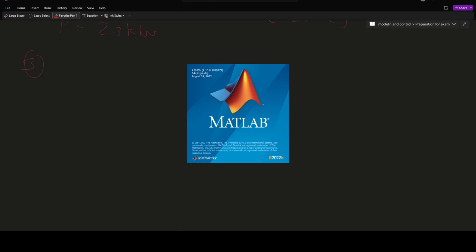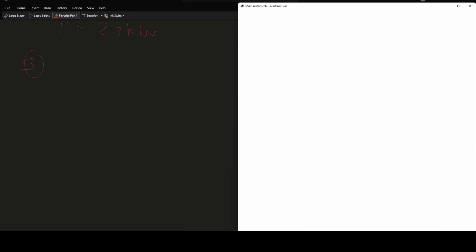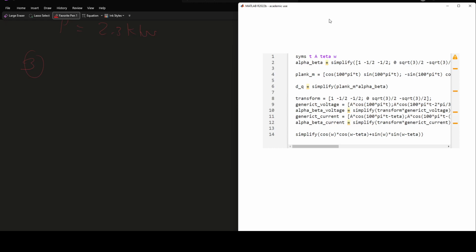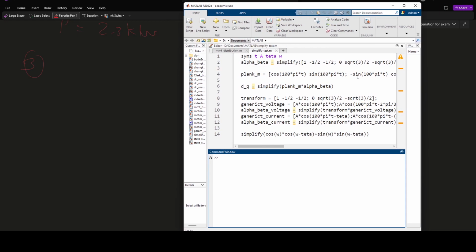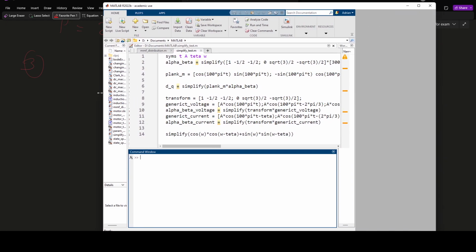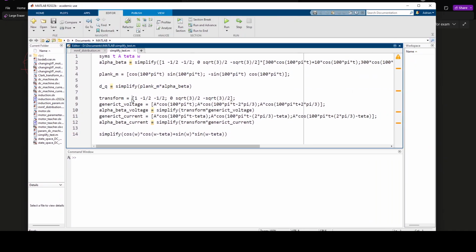Just so I don't have to do it every time, in MATLAB I put a simple script with generic variables to get a generic expression. Here we know that this is our transform matrix for Clarke, and here we have the generic voltage. So it's just an amplitude, and here we have omega t.